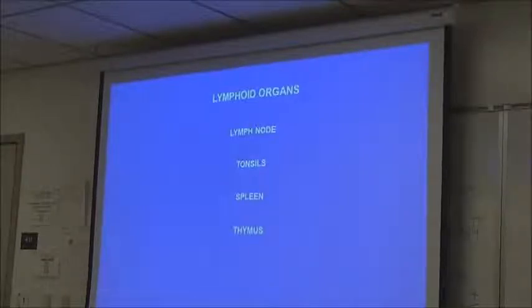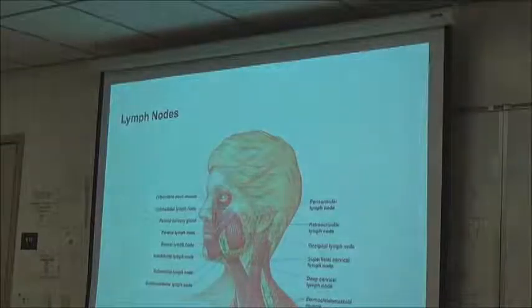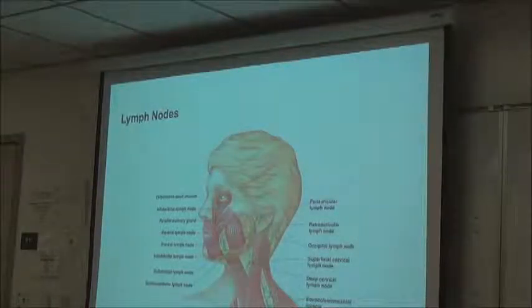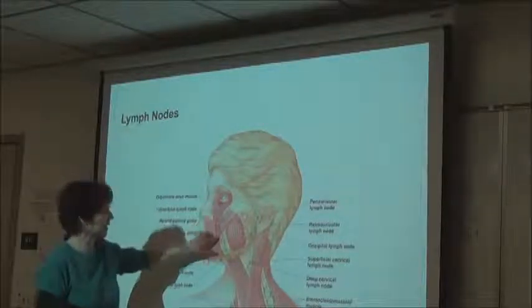They're similar to lymph nodes, but slightly different, that we find in the pharynx area. The spleen is the only lymphatic organ that filters blood. And then the thymus is special, it's not a filtering organ, it's a nursery, if you will, for T-cell development.